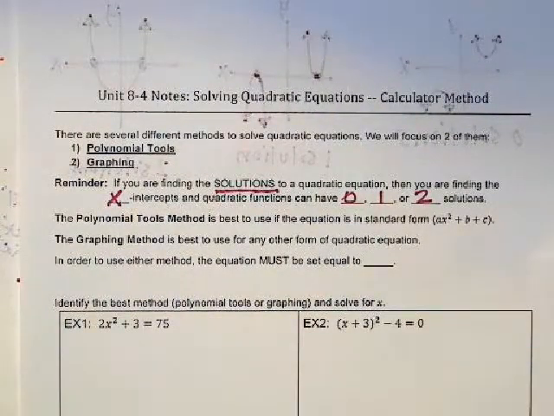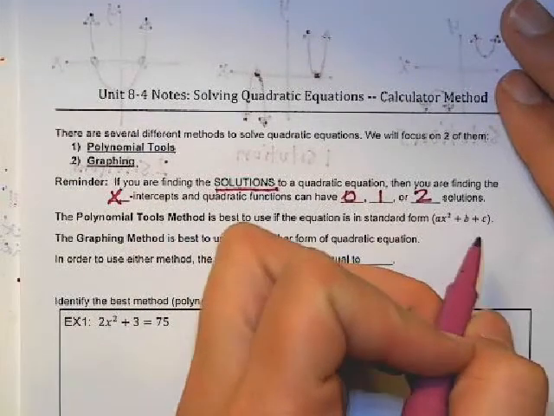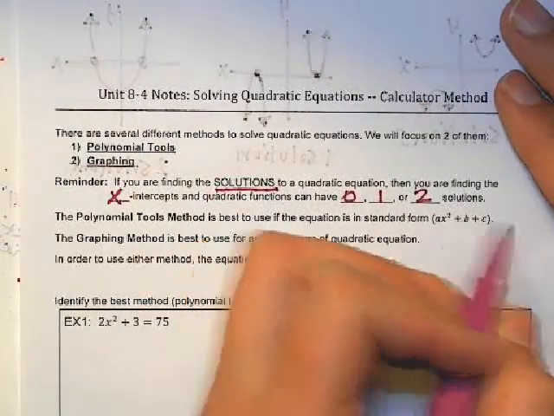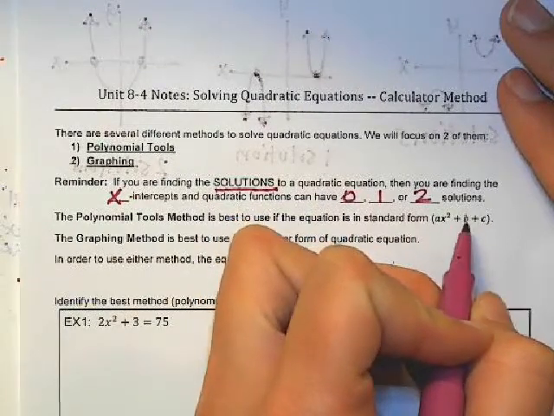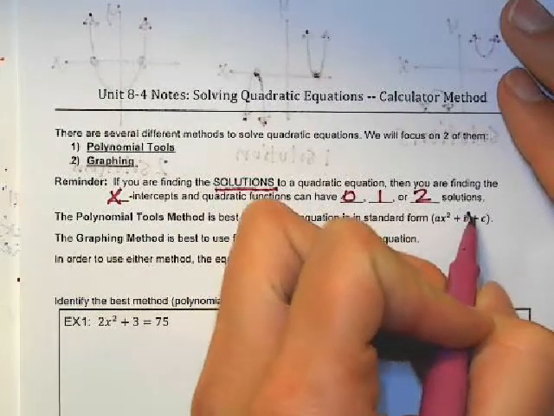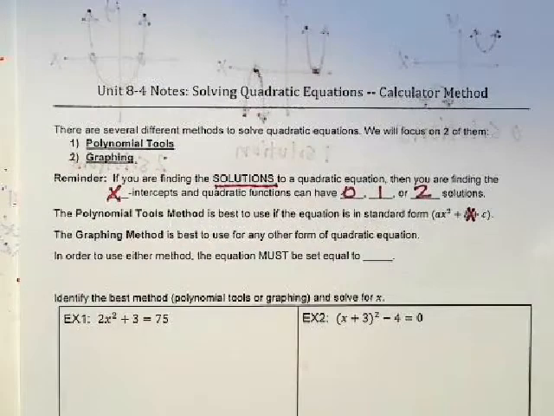It says the polynomial tools method is best used if the quadratic equation is in standard form. And I have a typo on this, so make sure you look up here so we can fix it. It says ax squared plus bx; that should be bx plus c. That's my fault. So, standard form of a quadratic equation is ax squared plus bx plus c. The graphing method is best used for any other form of the quadratic equation.